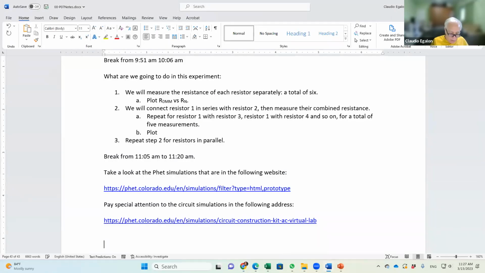Okay, so look at the first, first work on your own, right? Simulation that has a resistor, a battery, and a switch.